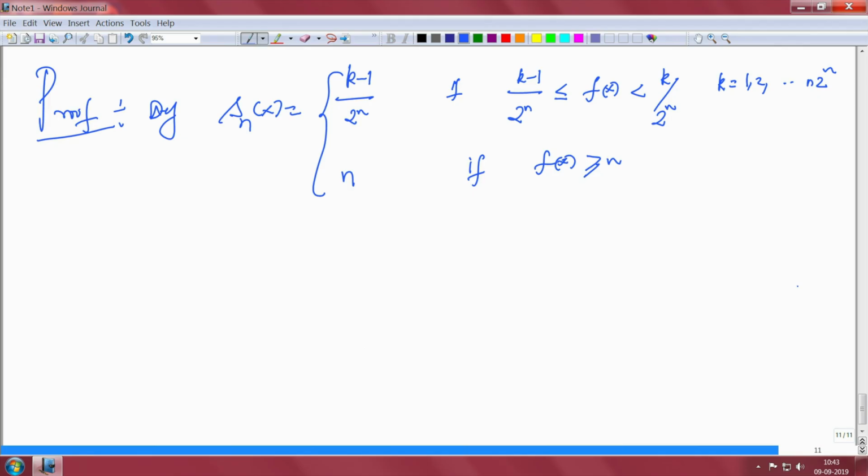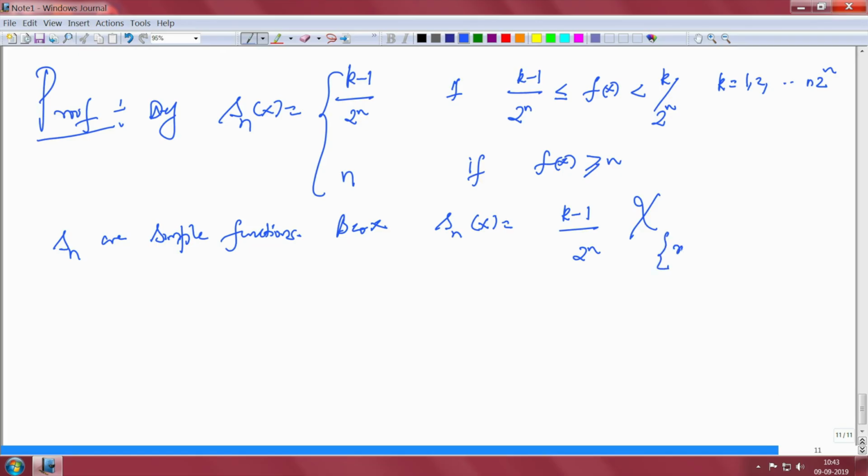First of all, this is simple. Why are the Sn simple functions? Because I can write Sn of x as (k minus 1) by 2 to the n times the indicator of the set where (k minus 1) by 2 to the n is less than or equal to f of x, strictly less than k by 2 to the n.